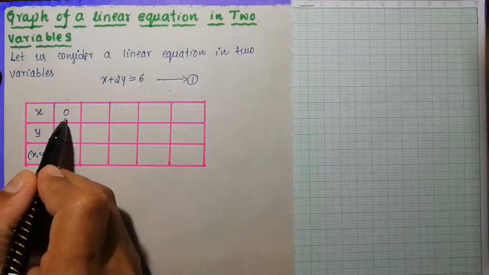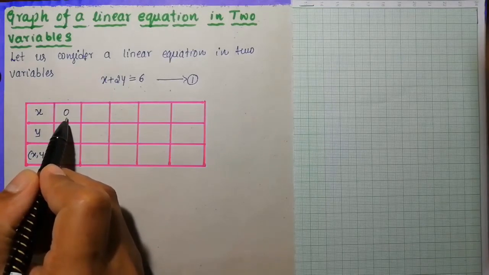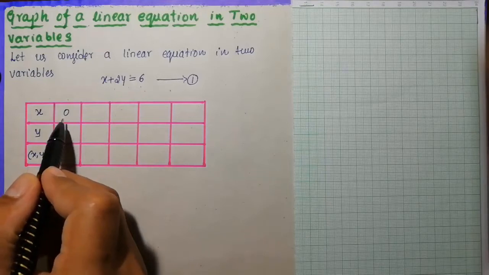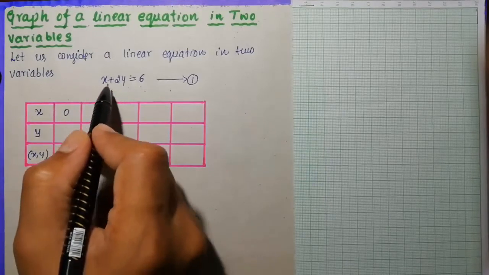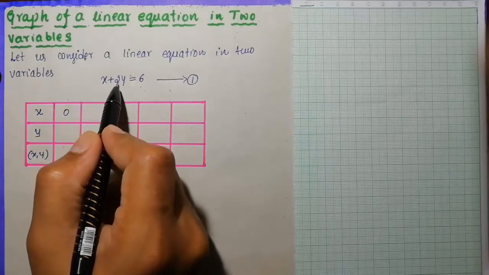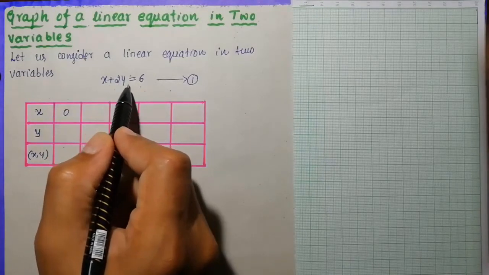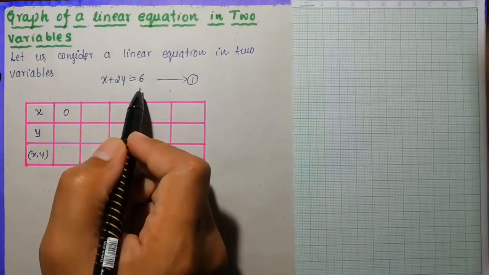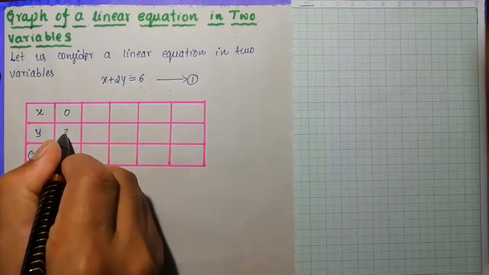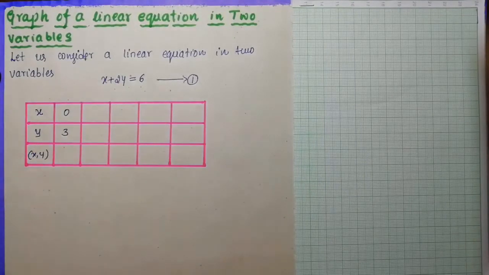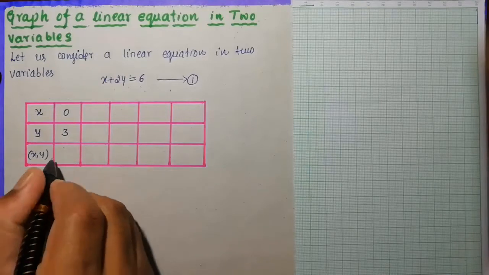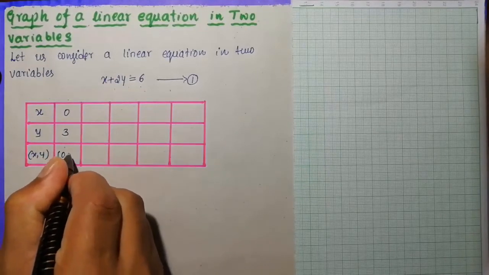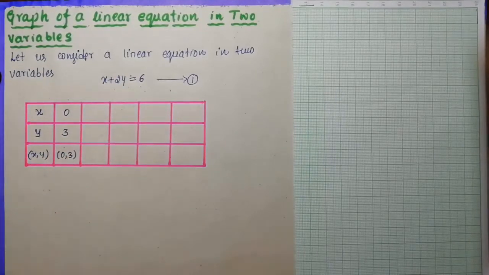If you place x is equal to 0, it will become 0 plus 2y is equal to 6, and then y is equal to 6 by 2, which is 3. It's already evaluated, so I'm going to write down directly. So x is equal to 0, y is equal to 3, means x comma y will become 0 comma 3. This is the solution of 1.